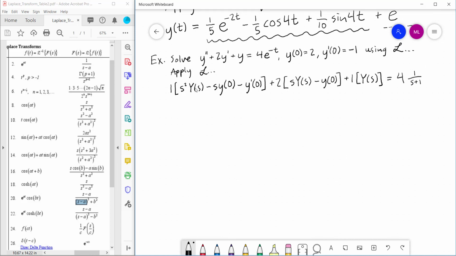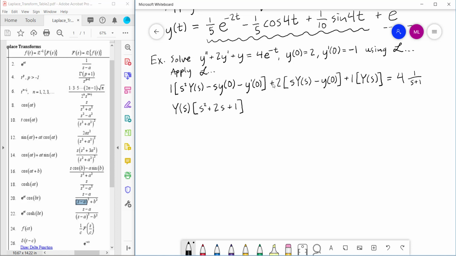And now the goal is to solve for, again, capital Y of s. So we'll factor out that capital Y of s. It will always wind up with a polynomial that takes the same form as the characteristic equation here. So we're going to get s squared plus 2s plus 1, which indeed are the coefficients.